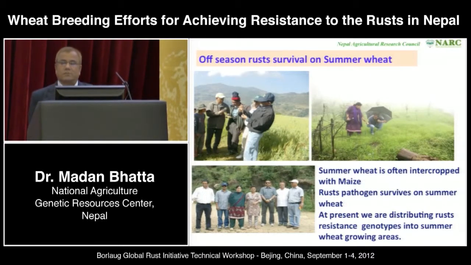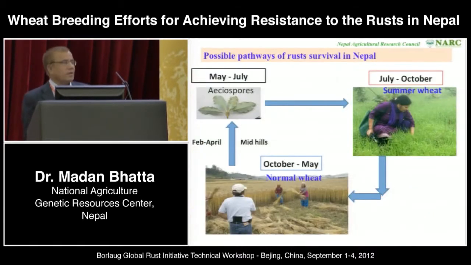This right slide shows rust samples at seedling stage; summer wheat is often intercropped with maize, and then we collected rust samples during maturity. Dr. Singh from the Directorate of Wheat Research from India also participated in the rust survey team. Now we are distributing resistant varieties to summer wheat growing areas.